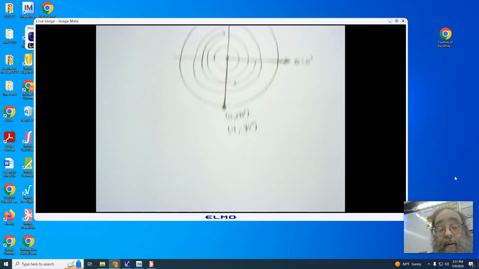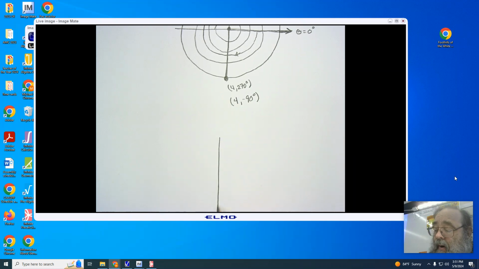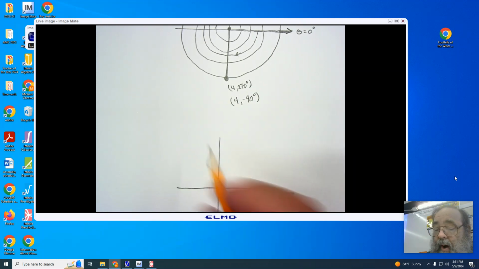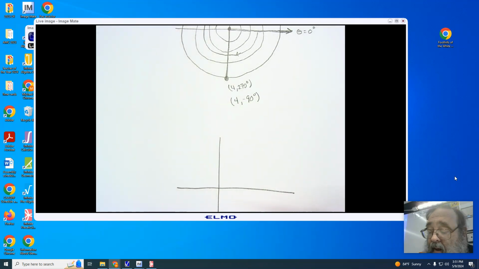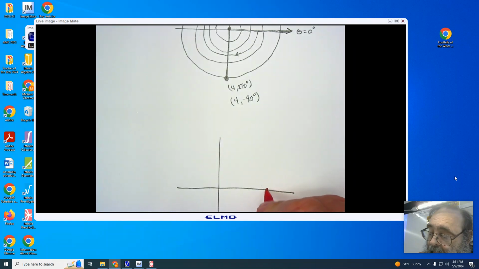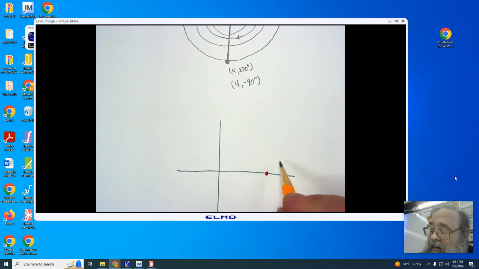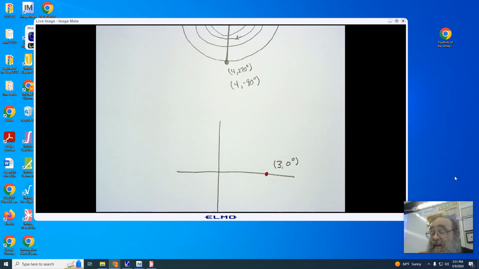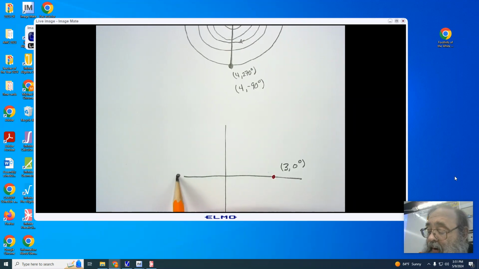Now let's try another one. This time, I'm going to put my point at 30 degrees, right there. Notice that it doesn't matter whether I go left or right, I'm always at 0 degrees. But I can find my reflection over here, and the reflection is going to be at negative 3.